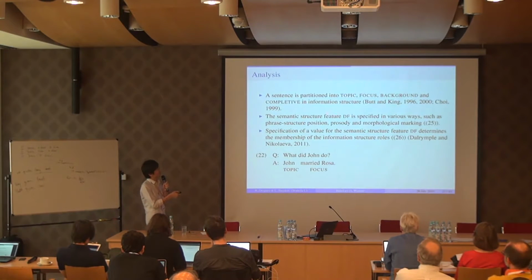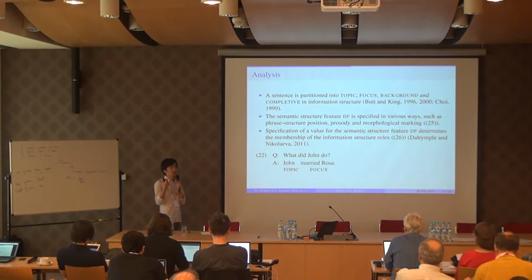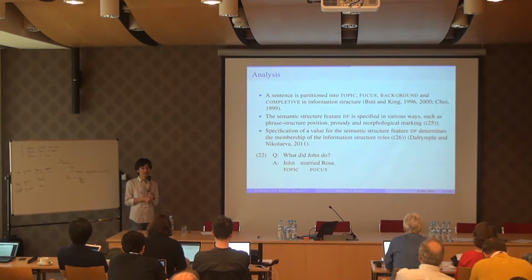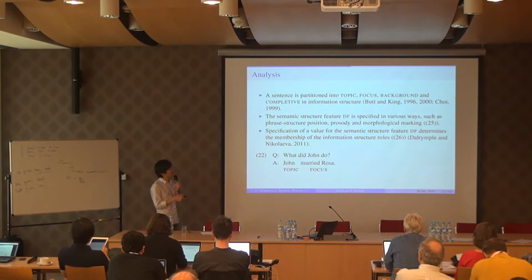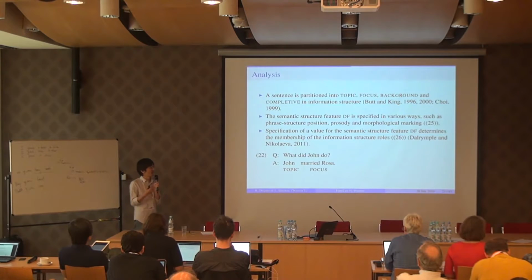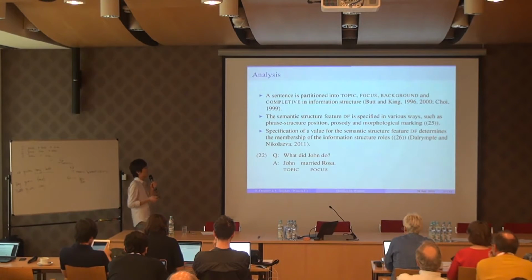So the semantic structure feature DF is unspecified in the lexicon, but when it's used in a sentence, the value of the DF is determined in some way. That's the kind of assumption Dalrymple made in her 2001 book. So it can be determined by the phrase structure position, by the prosody, or by morphological marking like in Japanese. So there are various ways to determine the value of the DF, but it is unspecified in the lexicon, and will be determined in the syntax in some way.